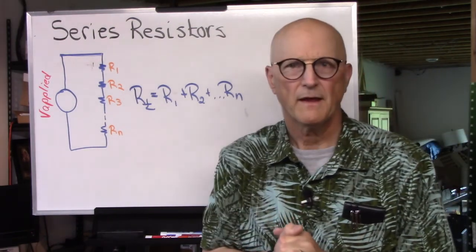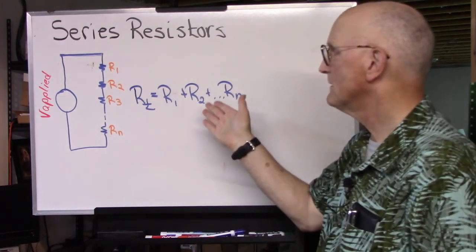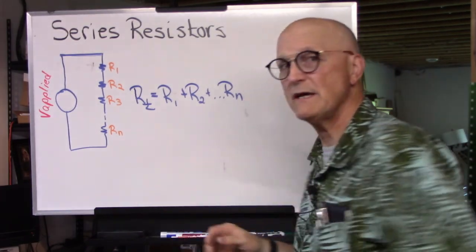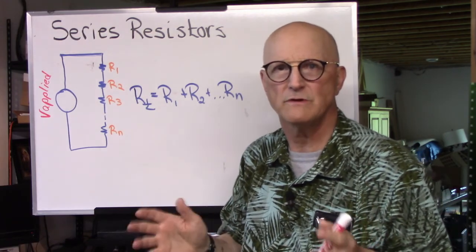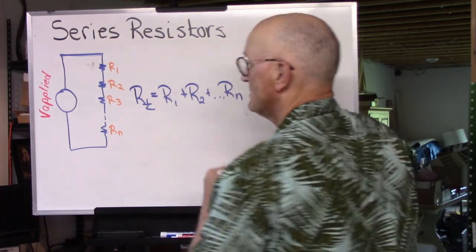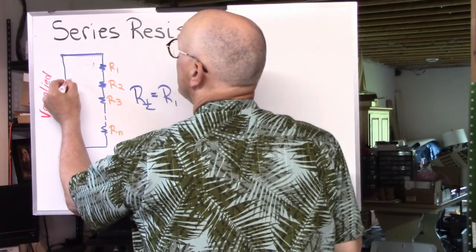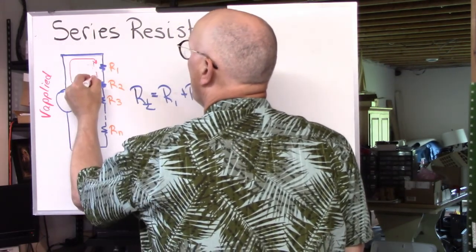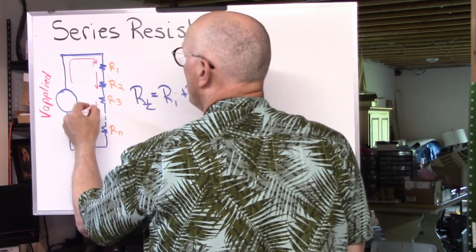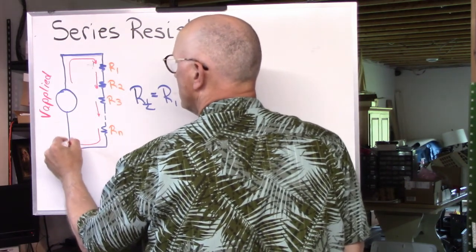Now, the current, because remember what we said about the hallway, there's no escape, there's only one route to take. So this voltage applied, there's only one place, one route through these resistors.